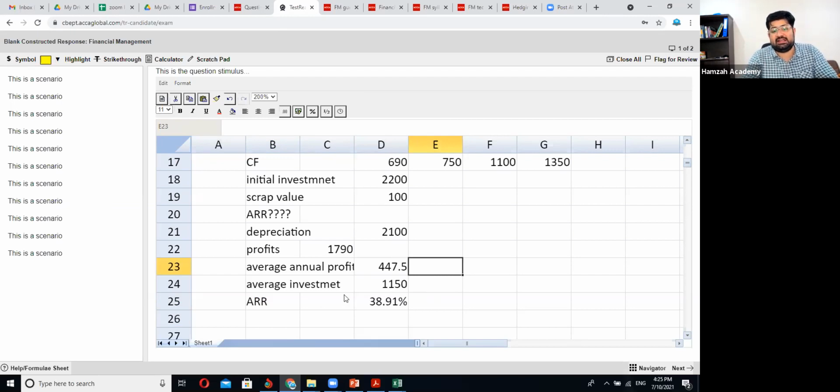I hope this point is clear, how to calculate accounting rate of return. Let us proceed further.